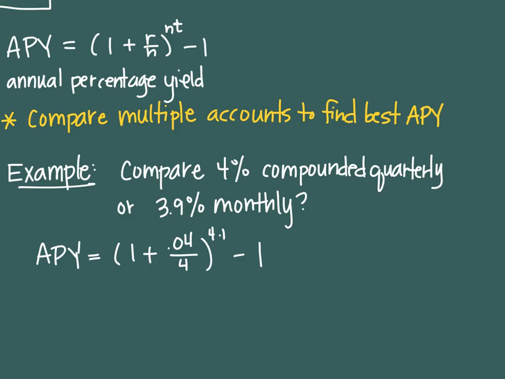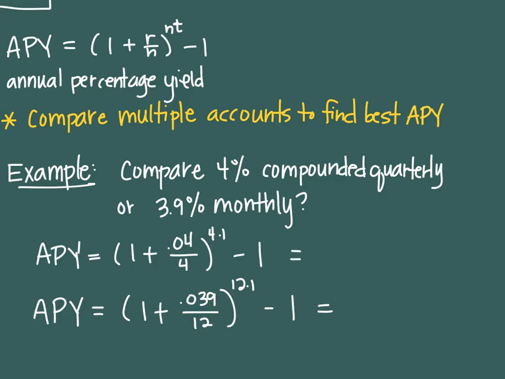And go ahead and write it down. You need a calculator, Fraley. The second APY would be 1 plus a lower percentage rate of 0.039 divided by 12. That would be to the 12 times 1, and that would be minus 1. Okay, so go ahead and calculate that and write it down. And then we'll decide which one is better once I give you context of the situation.